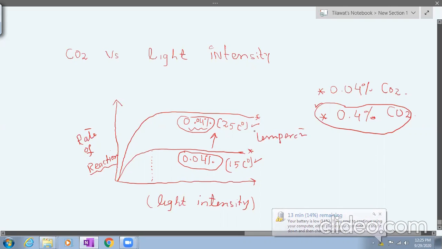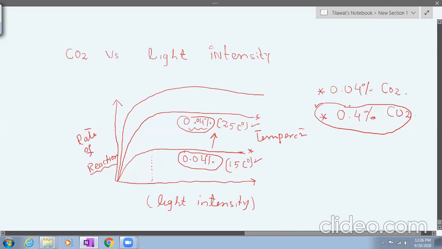Listen to me very carefully. Here, I keep these two the same, carbon dioxide concentration. I didn't change that. Only I changed the temperature, so my graph goes up. And in the third experiment, I increase the carbon dioxide concentration to 0.4%, and the temperature remains the same at 25, but the graph still goes up.